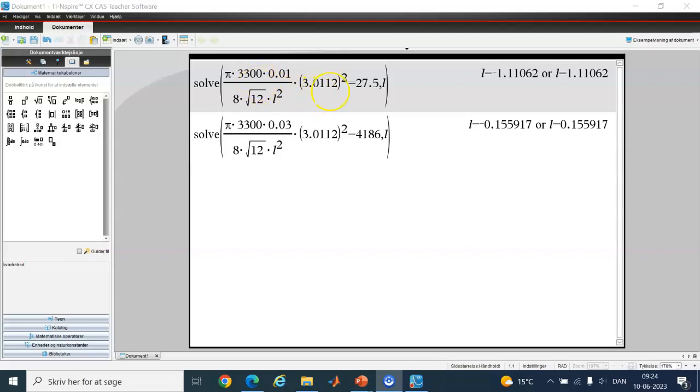We put it in the formula, Mn is 3.0112 and it should be squared, equal to 27.5, and you get a length of a positive 1.11 meters. The same with oak wood, with 3,850 meters per second and a thickness of 3 centimeters, and you get about 7 centimeters. Thank you.